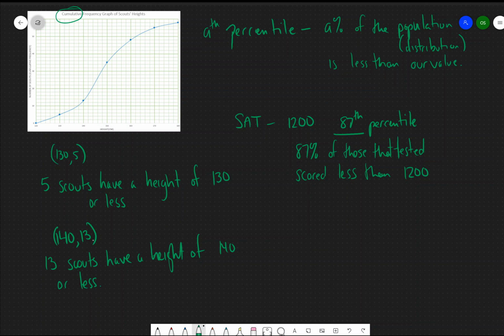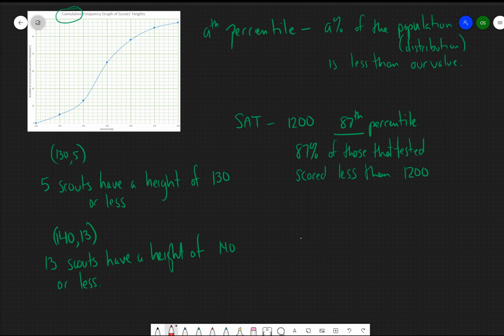So this 13 includes those 5 that we already counted earlier. So this is accumulating, and a feature of cumulative frequency graphs is that the graph will continue to get larger and larger.